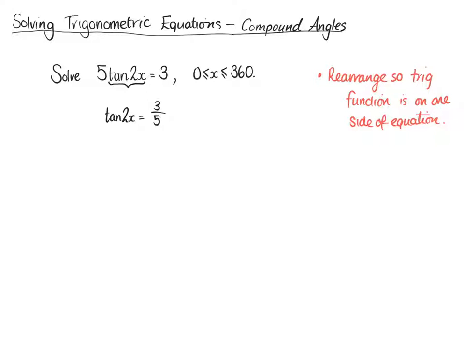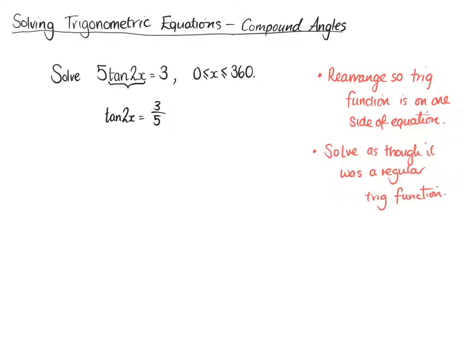Right, so once we have that, we just solve as though it was tan of x, or a regular trig function. We need to find our relative acute angle and work out which quadrants it's going to be in.